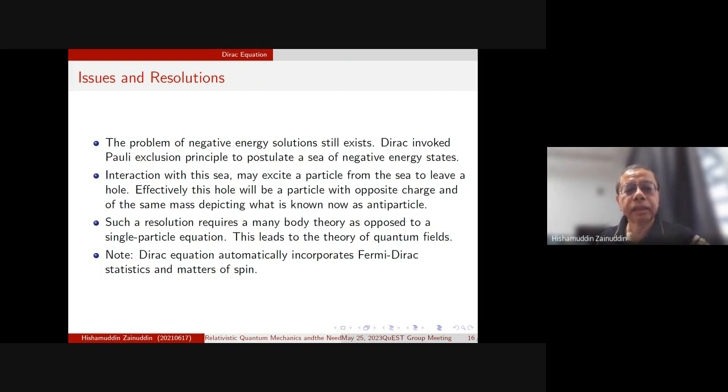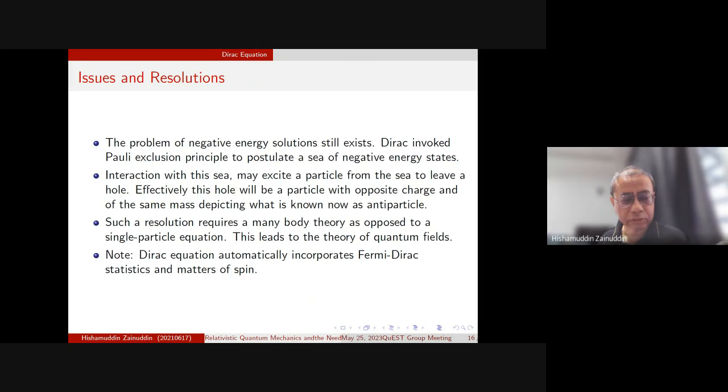But that tells us something else. It tells us you require massive numbers of states in the negative energy sea, which also tells us that you're not just talking about a single particle.